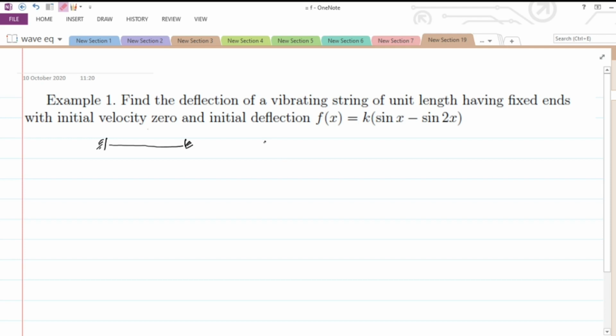So the initial deflection is given, that is y of x,0 equals f of x equals k into (sin x minus sin 2x), and the initial velocity is 0.